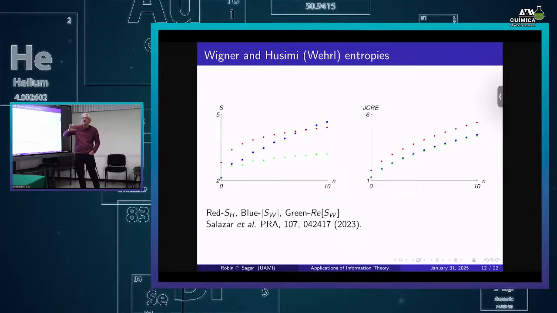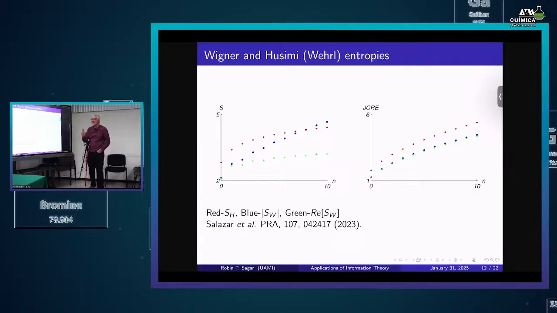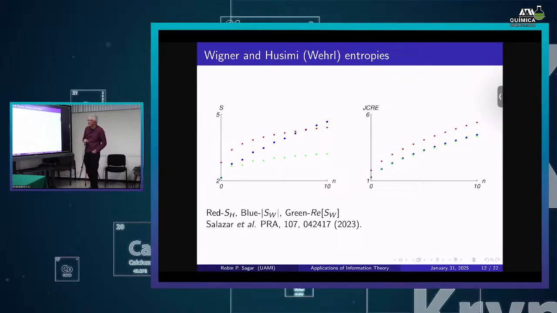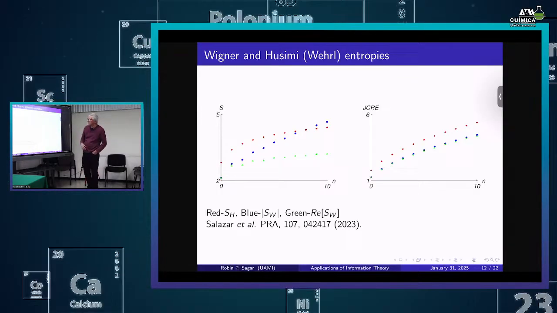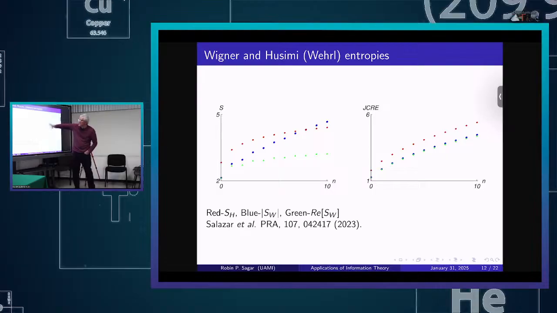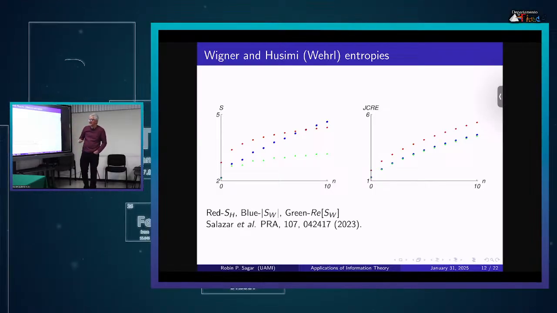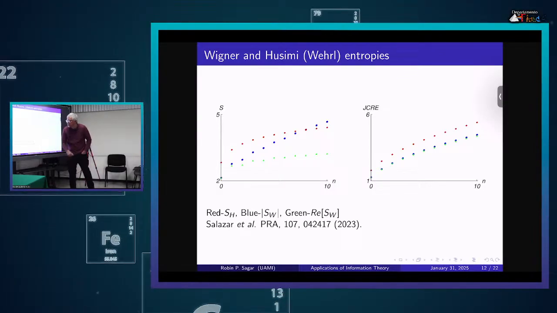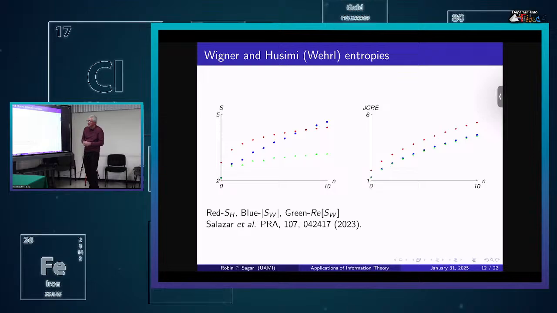That really caught my attention. What we have here, I just ask you to ignore what's going on on the right-hand side, so it's the left-hand plot. What we have is the red dots.